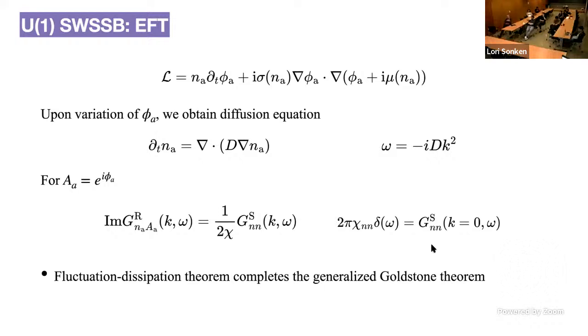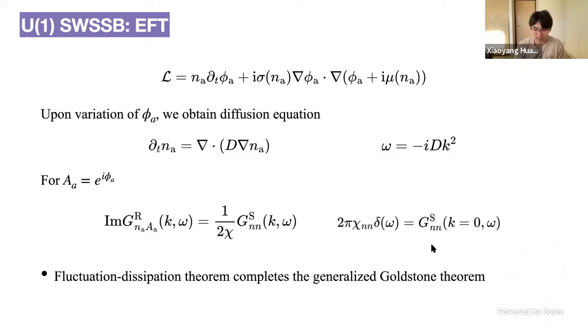Sorry to interrupt, but with Z2 there's no Goldstone mode, so I don't think that's a fair comparison. Yeah, there's no Goldstone mode, but I'm trying to say that the analogy carries over.